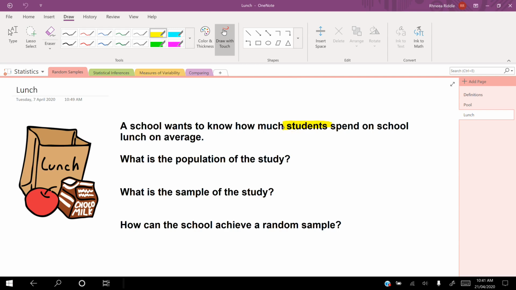But it's not just students. It is those who spend money on school lunch. Those who get school lunch. That is very important.